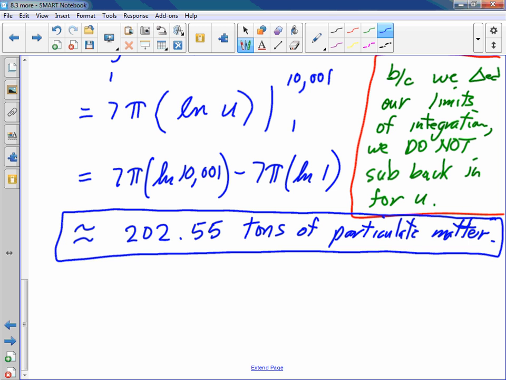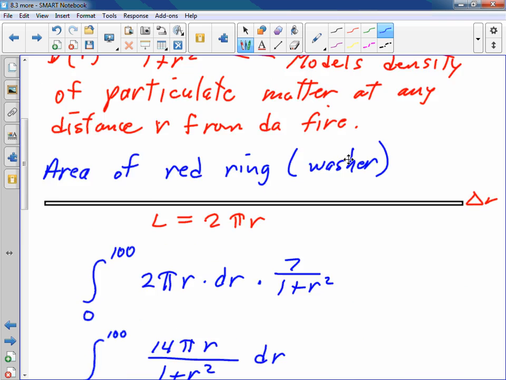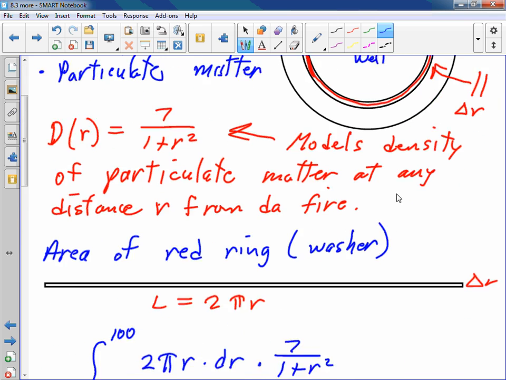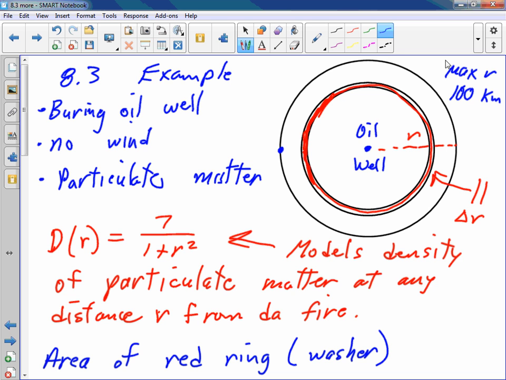So that's all we have. Questions? Oh, that would have been given in the beginning, and I probably didn't even say that. They'll give you a model, and they'll say the amount of particulate matter at any distance r between 0 and 100 kilometers is this, measured in tons of particulate matter. Johnny?